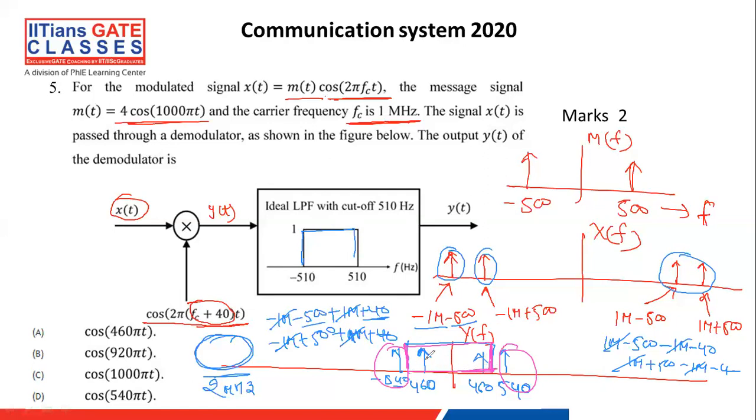So the output will be only at 460 hertz. So which one of them is 460 hertz? That is this one, right? 460 hertz in terms of radian per second will be 920π. So that is this one. So this is the correct answer.